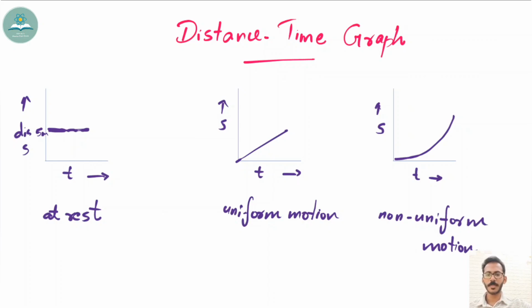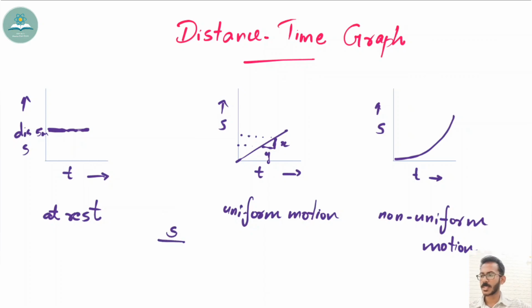Now, we'll get some information from the graph. The distance time graph always gives you the speed. Just see this graph. If I make a slope here, a small triangle, if I take this as x and this as y, here x is actually this part of the distance.